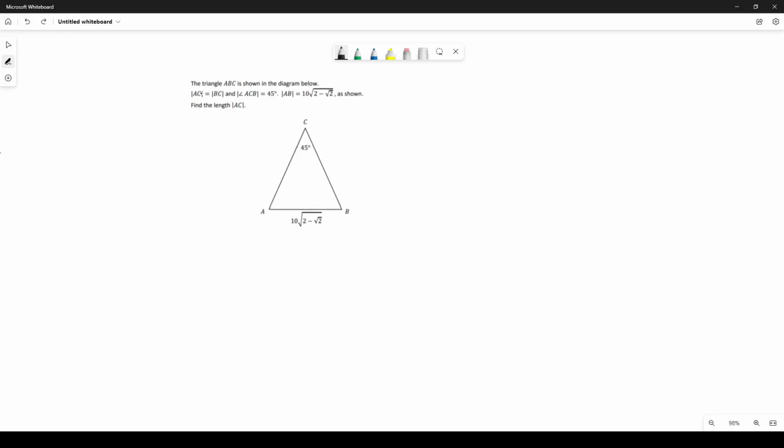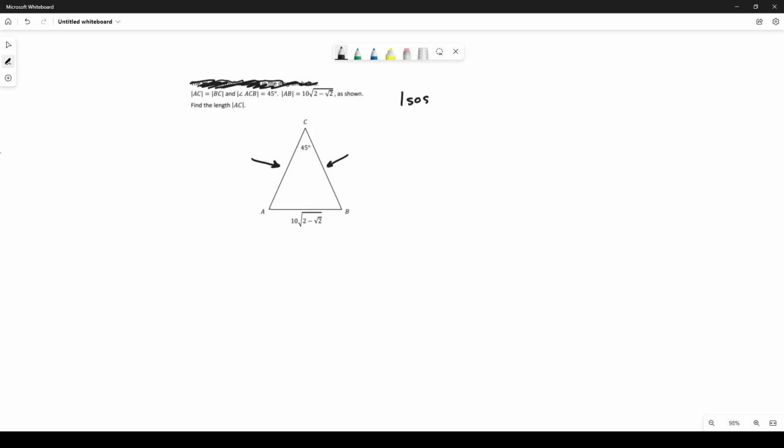So the triangle ABC shown in the diagram, cool. It says the distance from A to C, because remember that's what those bars mean, is equal to the distance between B and C. So they're saying this guy from A to C is the same as this guy, which is B to C. Which would mean it's an isosceles triangle, if you remember that.